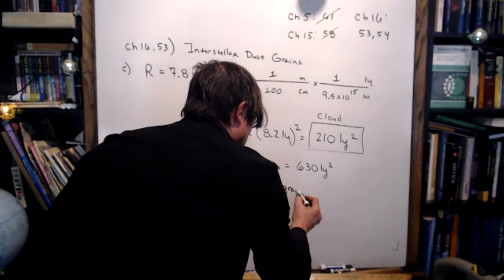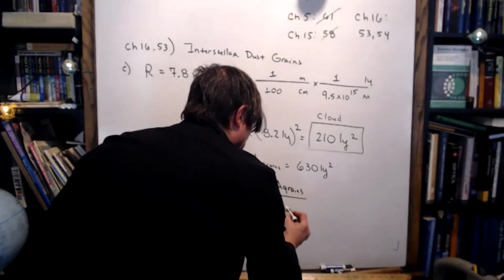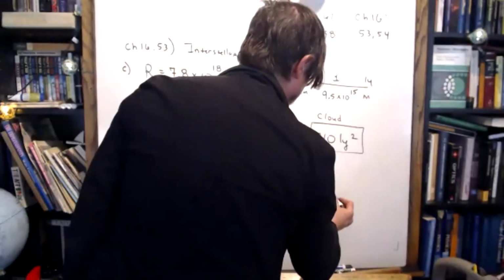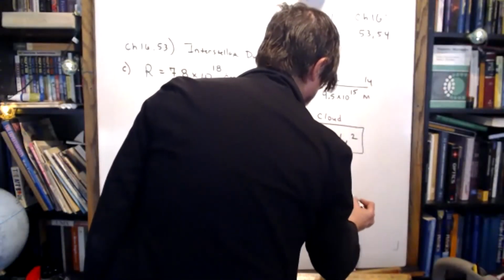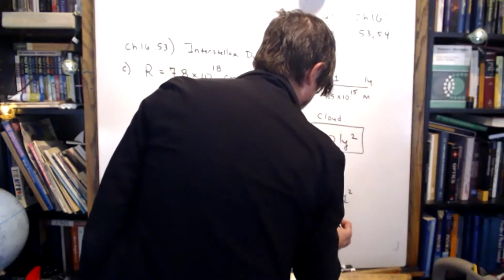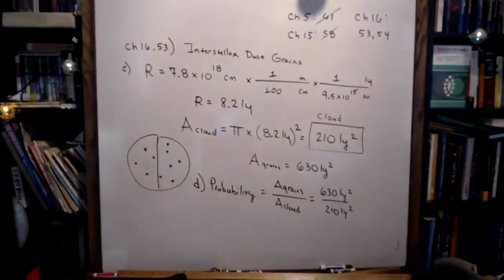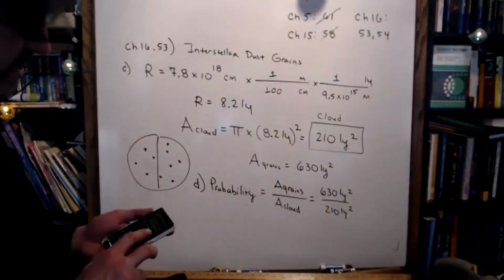It's the area of the grains over the area of the cloud, which is 630 square light years over 210 square light years.